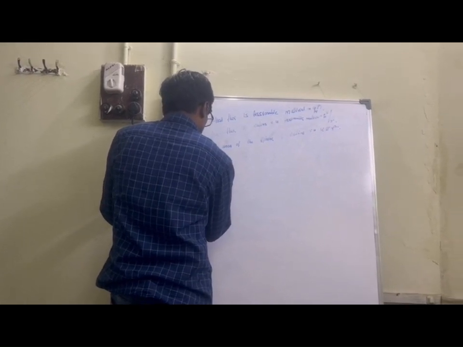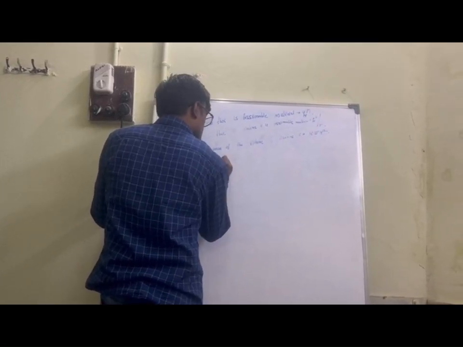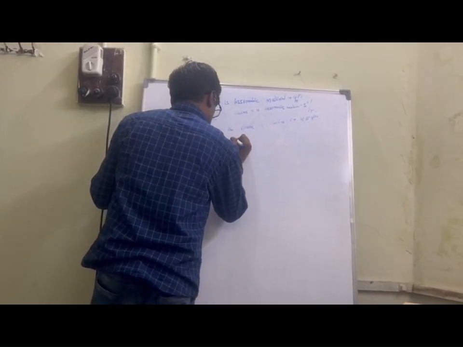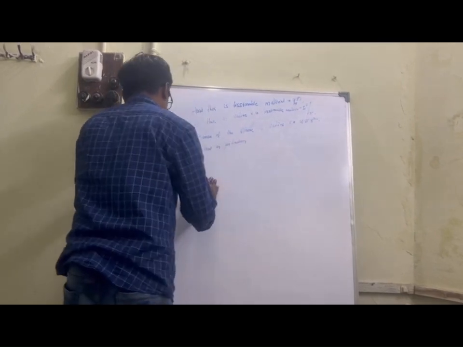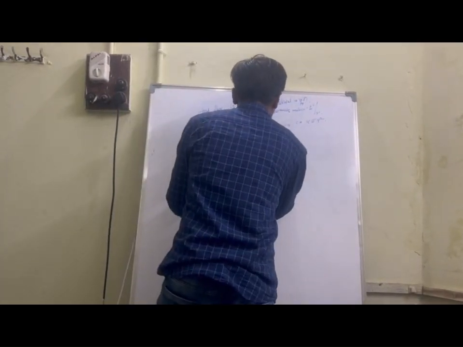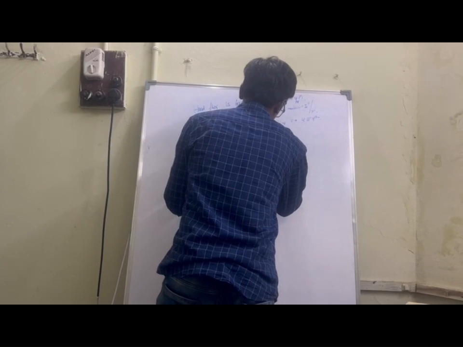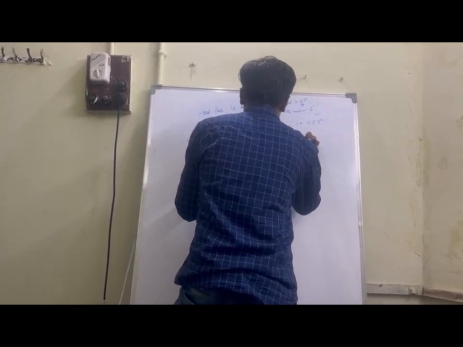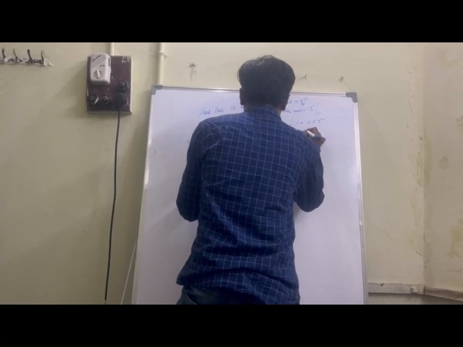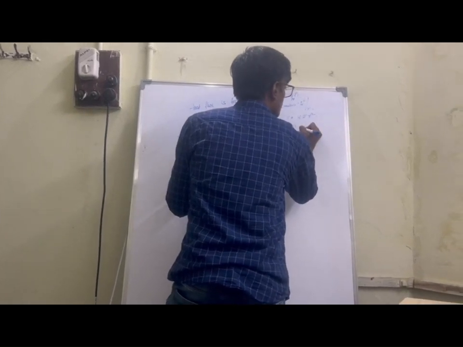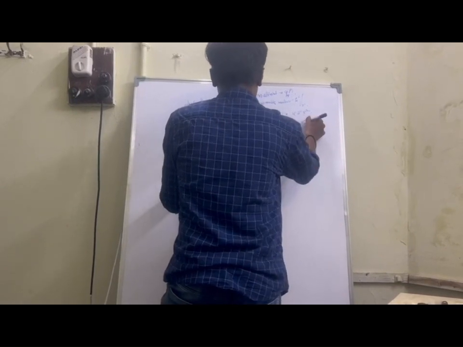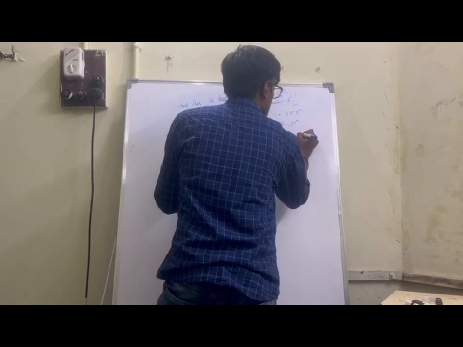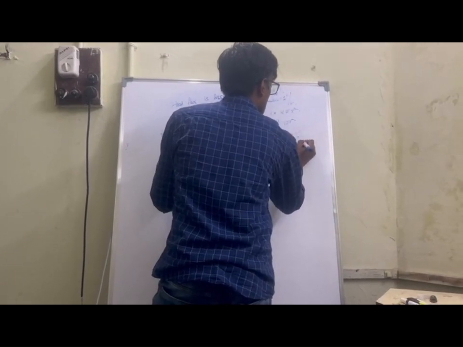Rate of heat conduction at radius r is equal to QRF at r into 4 pi r square, which is equal to 4 pi r square QRF at r.